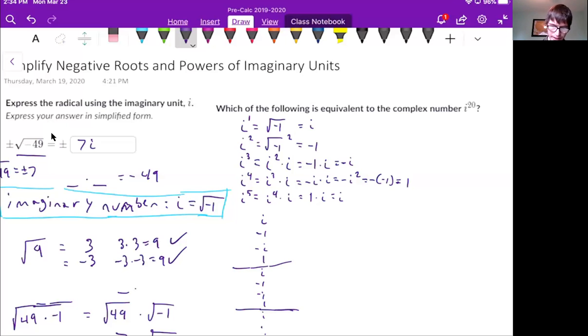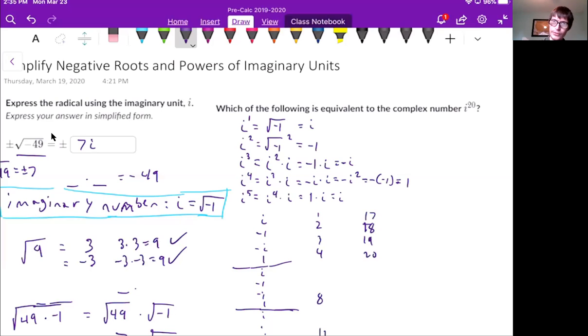So 5, 6, 7, 8, and so on up to 20. That means you just got to keep counting by 4 to see where it is in the sequence. So it goes i, -1, -i, 1, and that's 1, 2, 3, 4. Counting by 4, we get 4, 8, 12, 16, and then 17, 18, 19, 20.